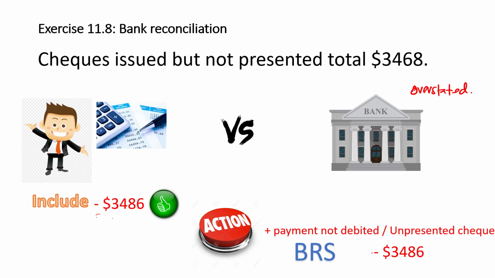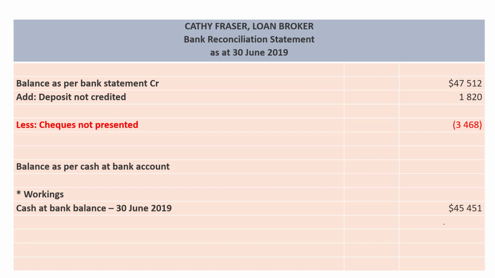So what we should do is put an additional note. Another reason is we have an unpresented check, so we're going to minus 3,468. In your bank reconciliation statement, another reason is the bank has not deducted the check of 3,468. So this is the second adjustment.